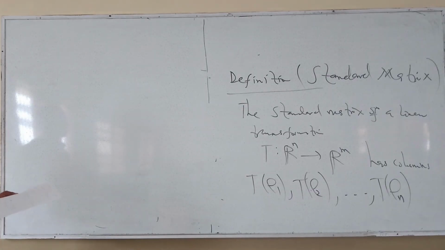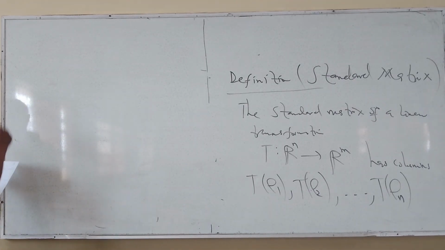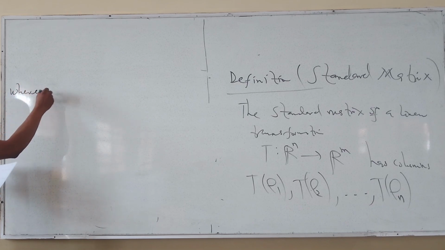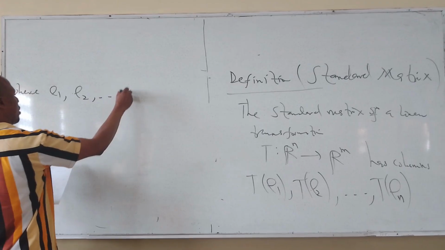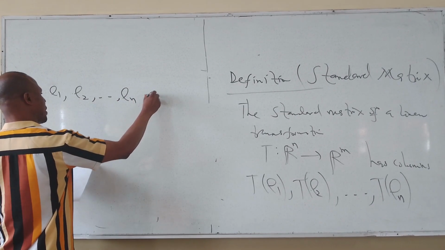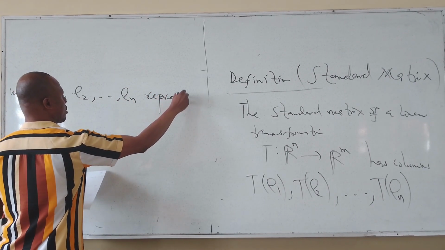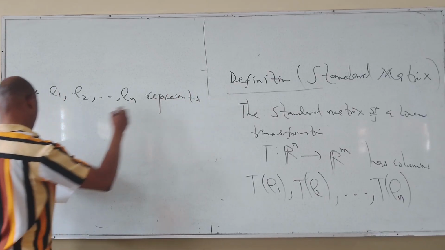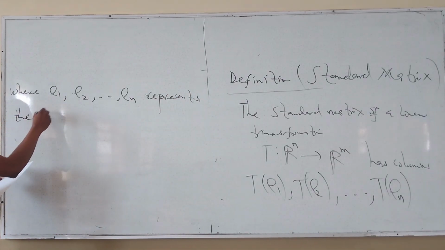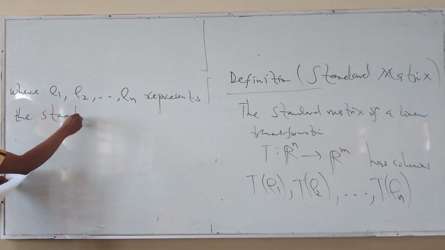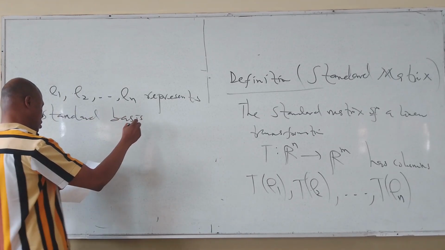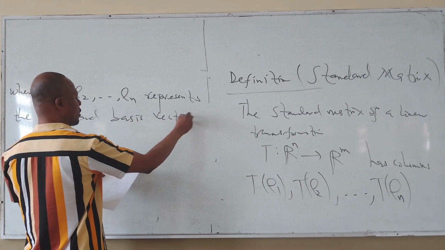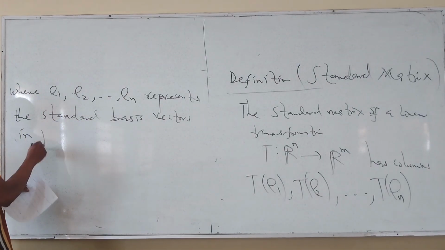Where e1, e2, up to en represent the standard basis vectors in R^n.